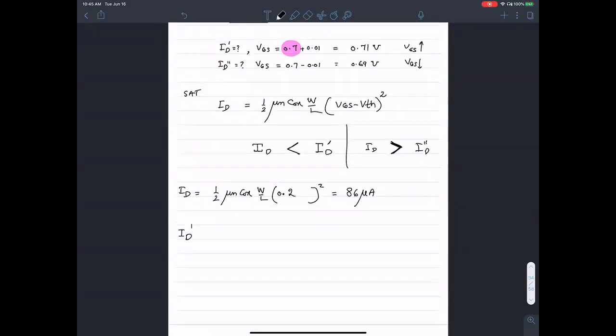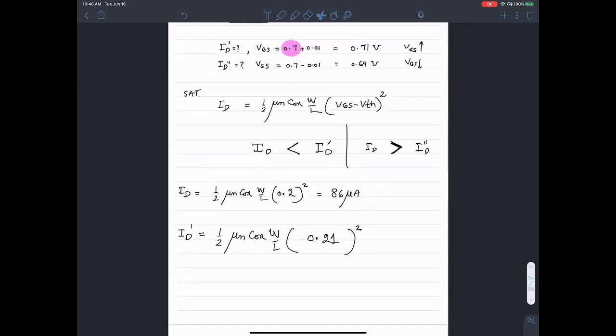When you do ID prime, that is going to be 1/2 mu n C oxide W over L, 0.71 minus 0.5, the whole squared, which is going to be 0.21, the whole squared.